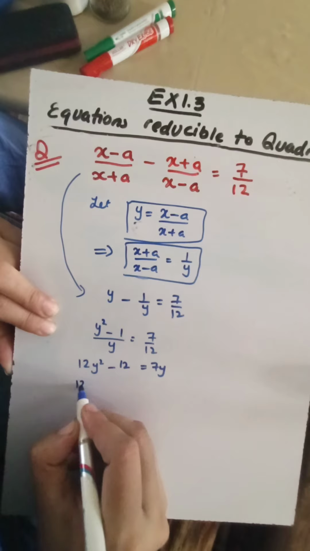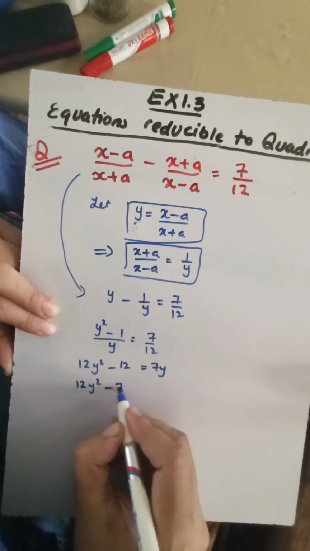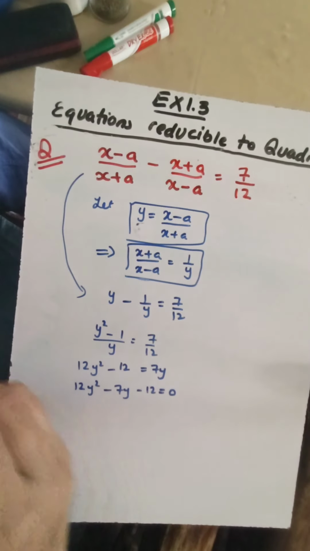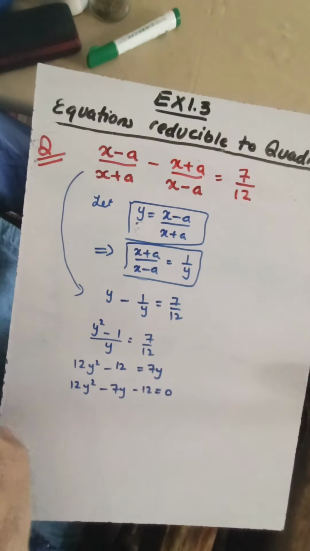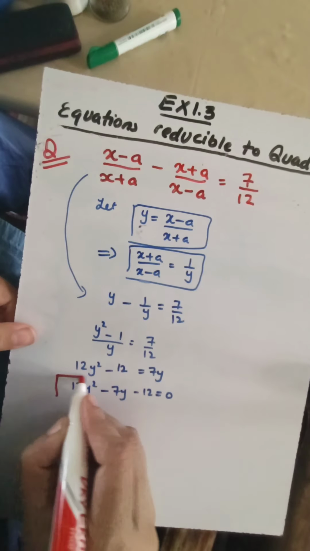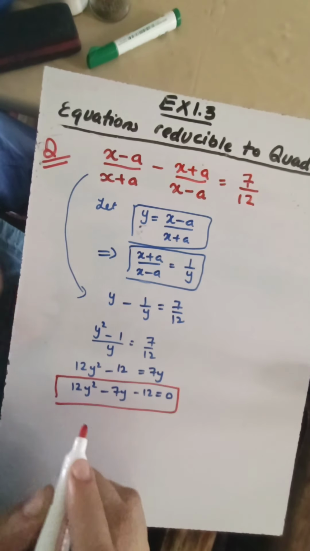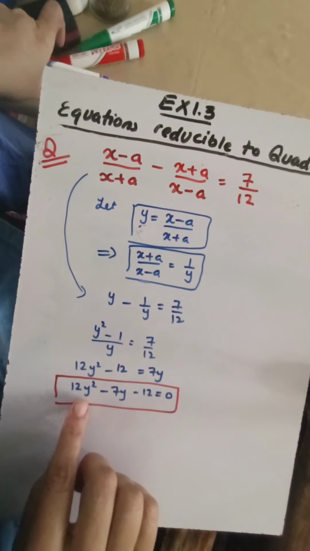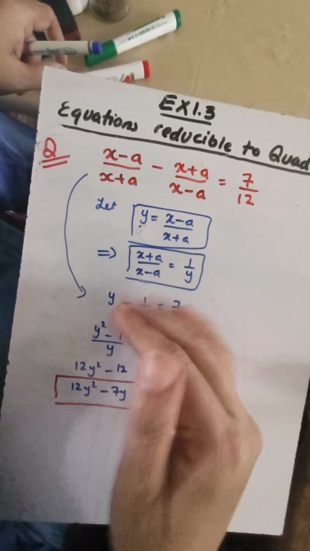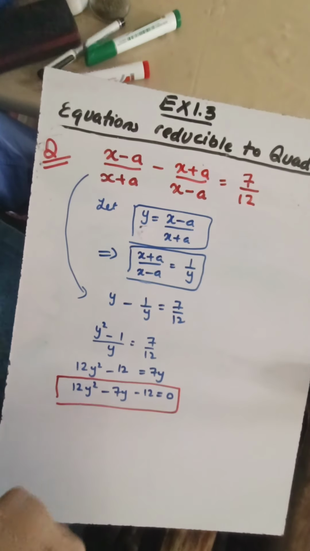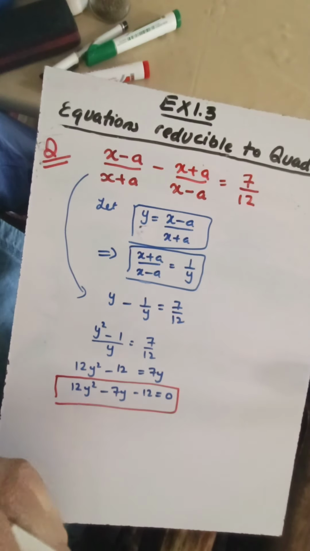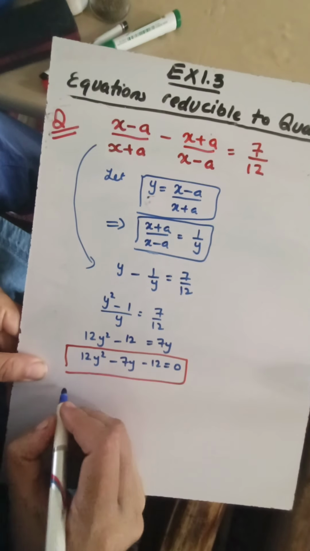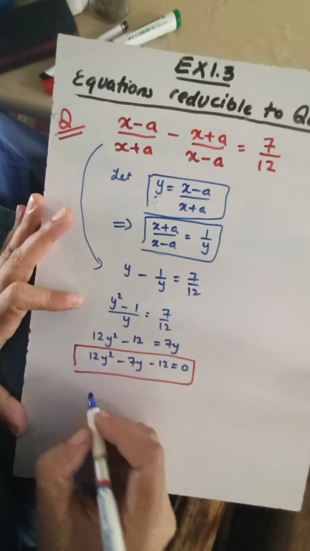Now bringing it into its standard form so that we can apply some method to it, this is the quadratic that we got after substitution. We need to solve this to get to the solution of this equation. First of all, we need to find y, and from y, by using this substitution, I am going to find the value of x. Now if I solve it by using the quadratic formula, what do we get?